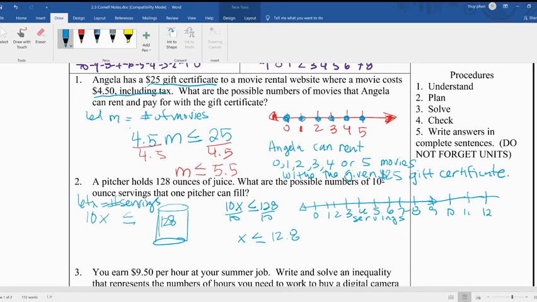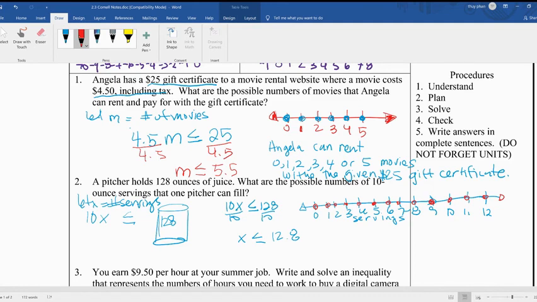It can't be 13 because we have 12.8, and 0.8 is not enough for one whole serving. If you wanted to graph it, there are solid points on the whole numbers, like so.